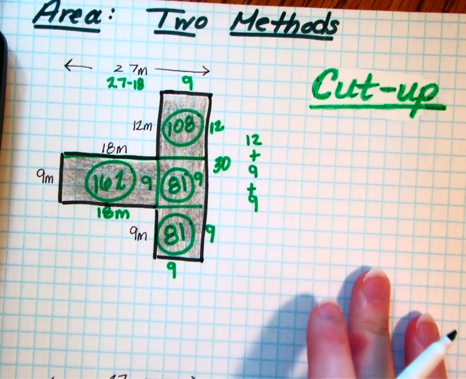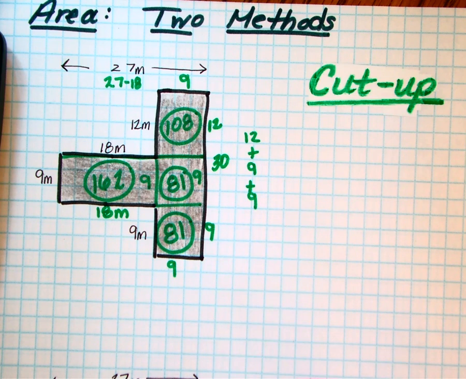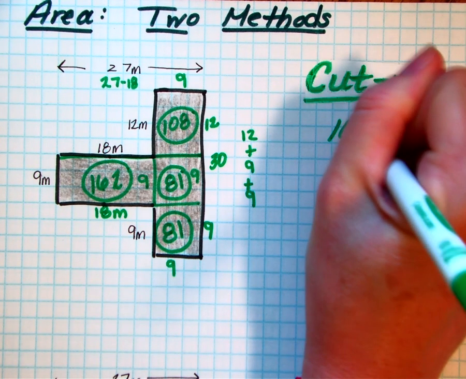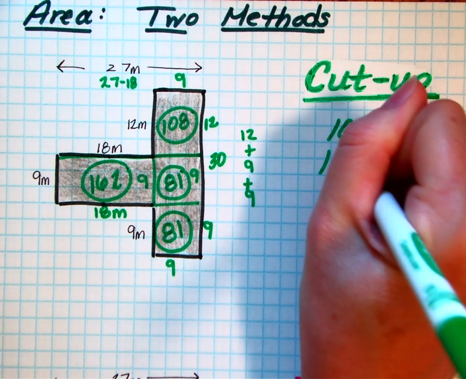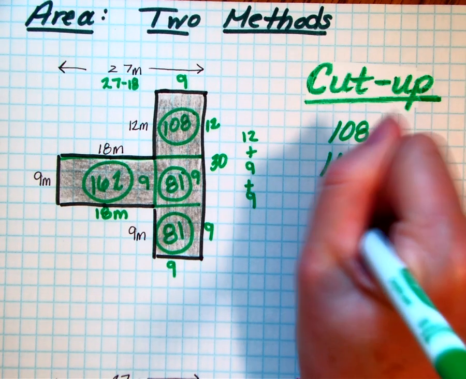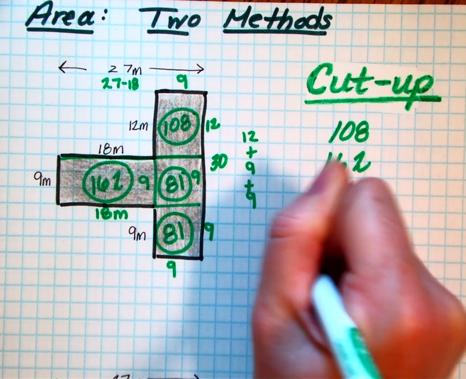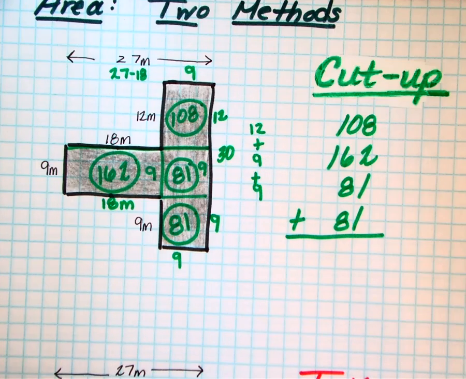Okay, so I have all these basically partial areas is what I've created here. Let's put them all together. We're going to take 108 and add it to 162, add it to 81, and add it to 81. We're going to take all these pieces and put them together. Go ahead and punch that in your calculator now.